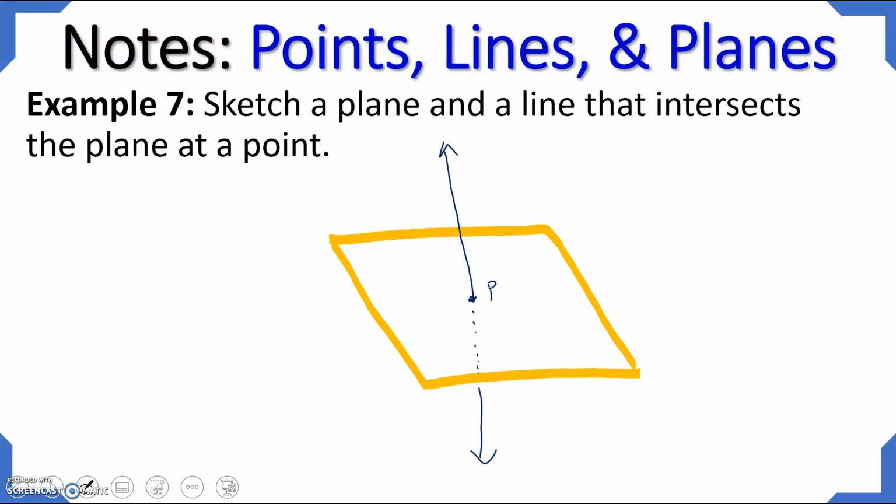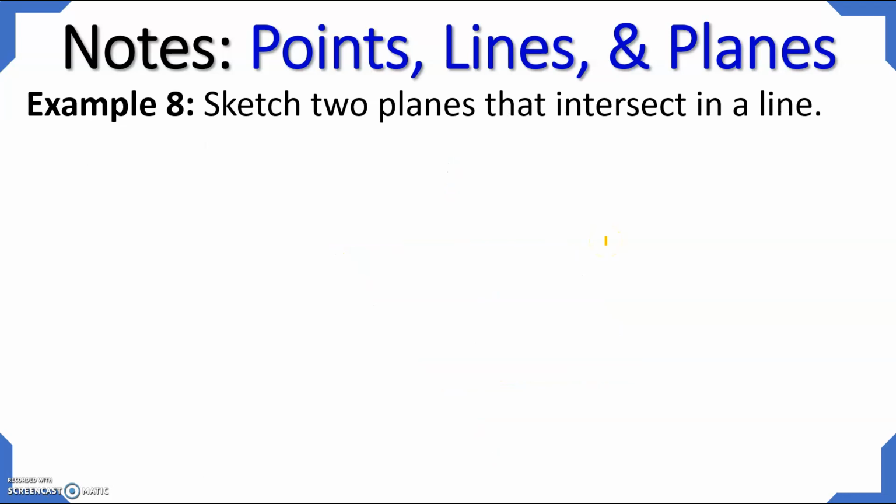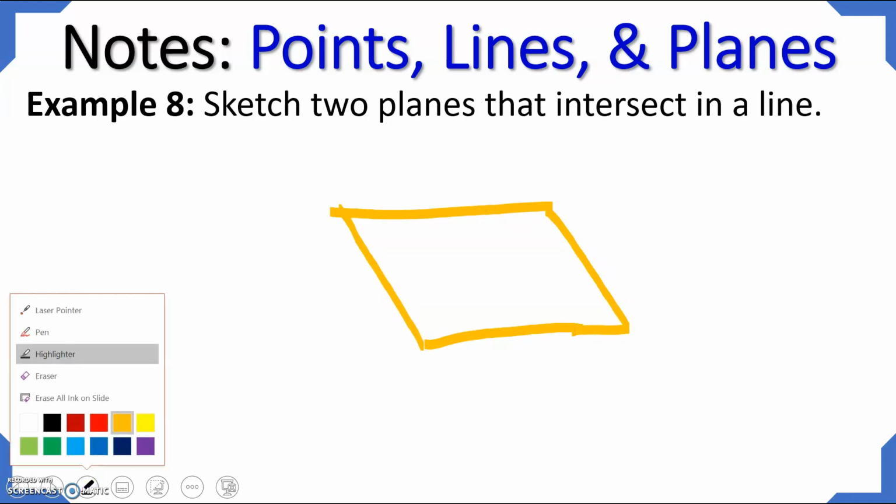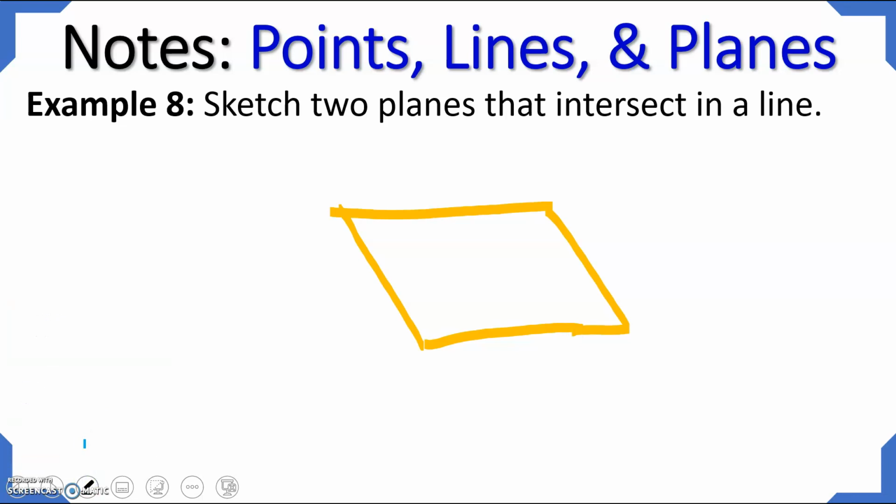Example 8. Sketch 2 planes that intersect in a line. Right, so let's start with our plane, and then we're going to take another plane and we're going to have it intersect.